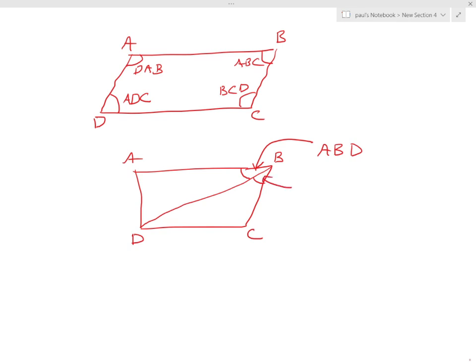This angle here will be D, B, C. It doesn't really matter whether you get the A's and the D's and the D's and the C's the other way around, as long as you get the main one in the middle. And the whole angle, this thing, is going to be A, B, C. So that's just another way of naming the angles.